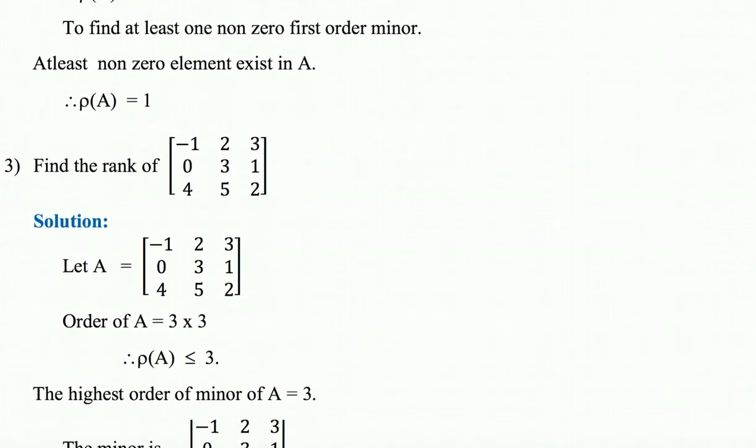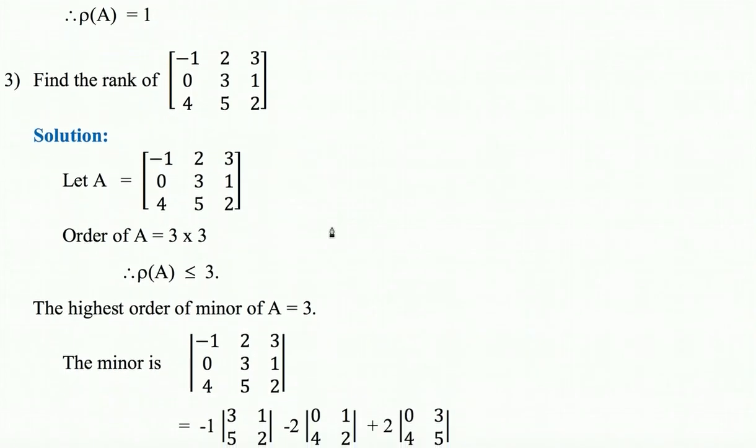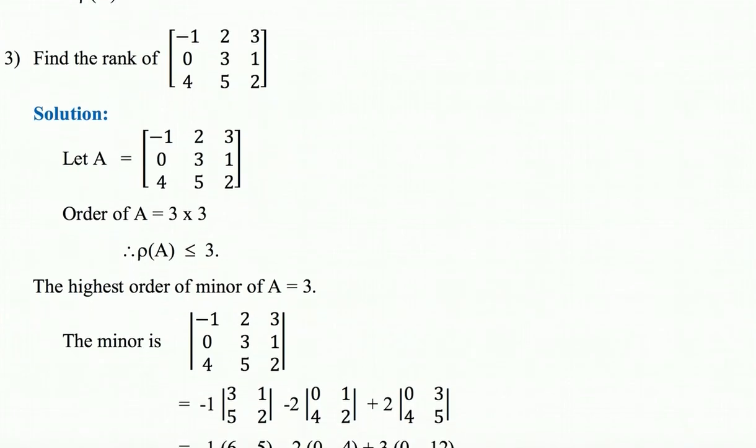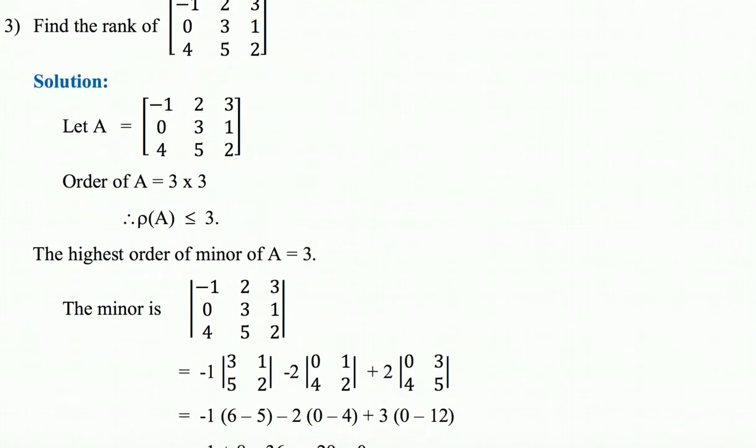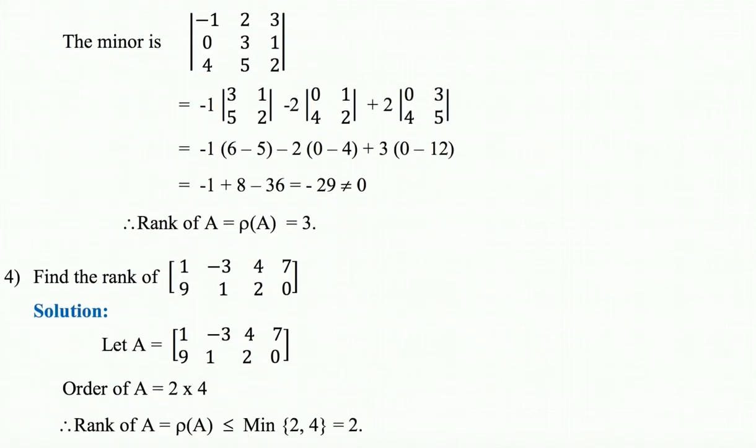Find the rank of this. Again, you need to find the determinant. If the determinant is 0, the rank is less than 3. Here the determinant is not 0, so it is full rank, that is 3.